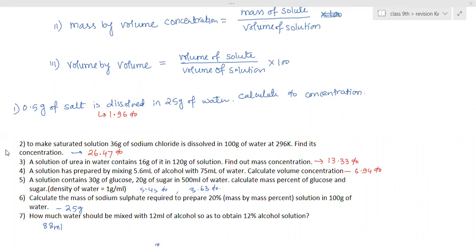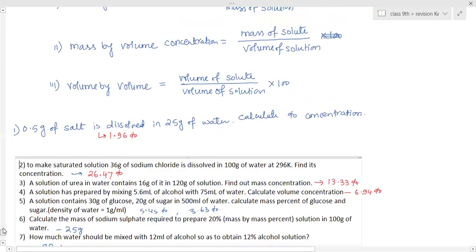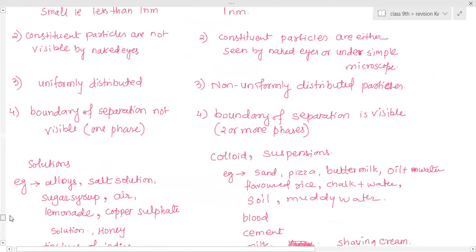Okay, now next is different types of colloids. The difference between solutions, suspensions and colloids you have done, right? Yes, we have already finished that.